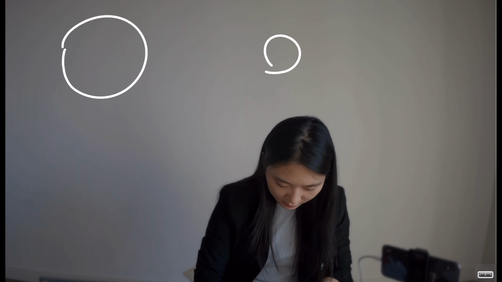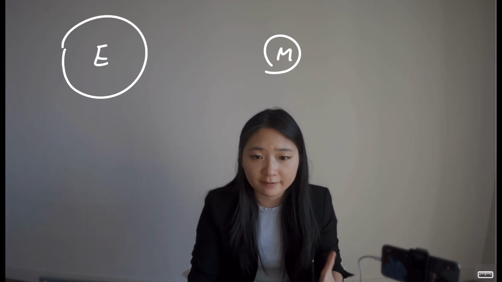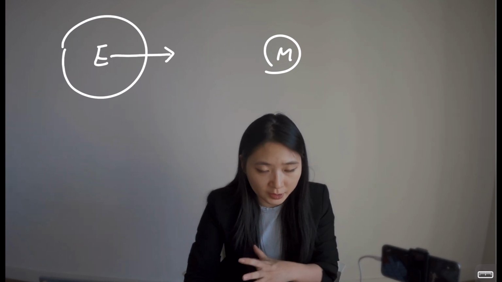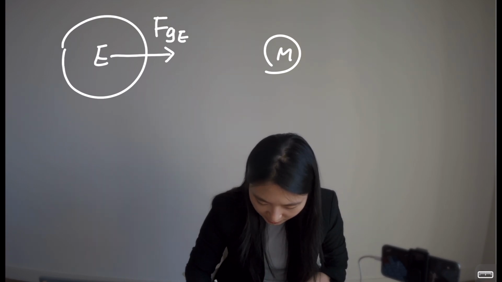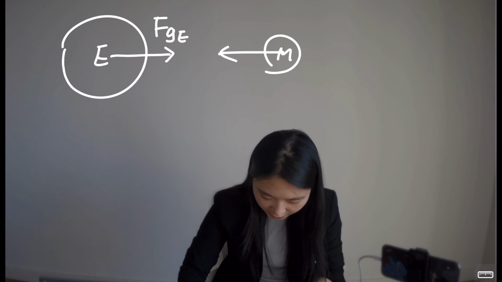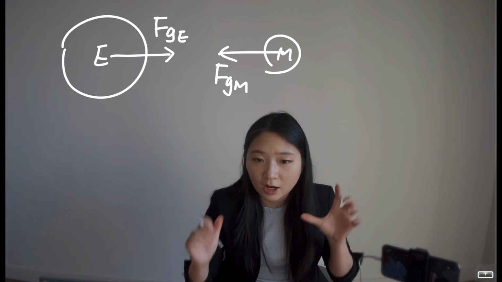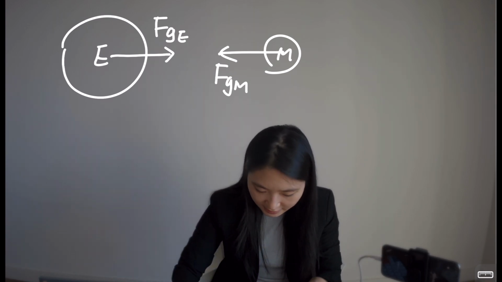Okay, so let's say here we have the moon and the earth. Then the moon is applying a gravitational force on the earth, which points toward the center of the moon, away from the center of the earth. We call it FG earth. Then the earth is also pulling the moon toward its own direction. Let's call it FG moon. These two forces are of the same magnitude but opposite direction, and they share exactly the same formula.